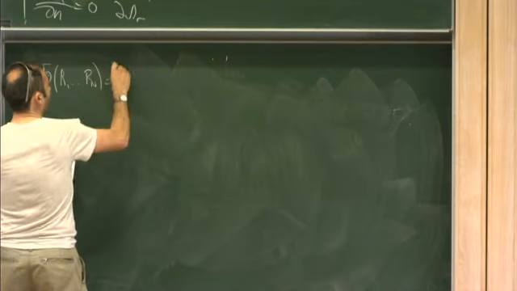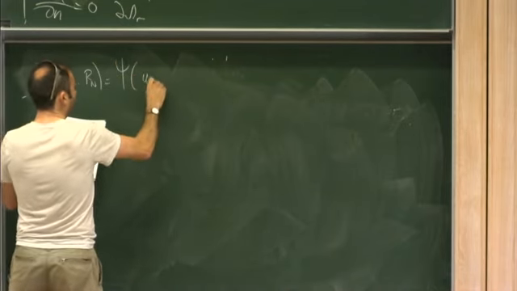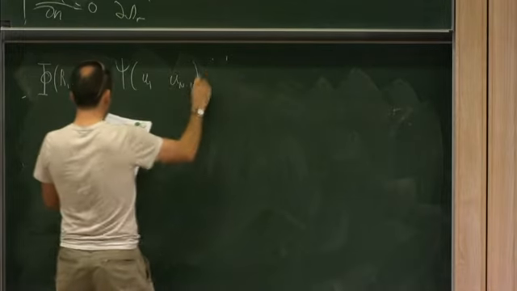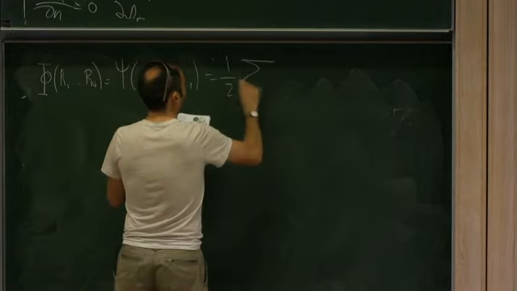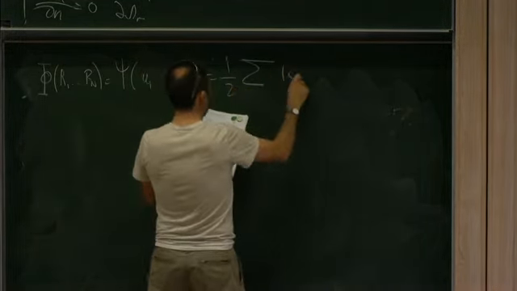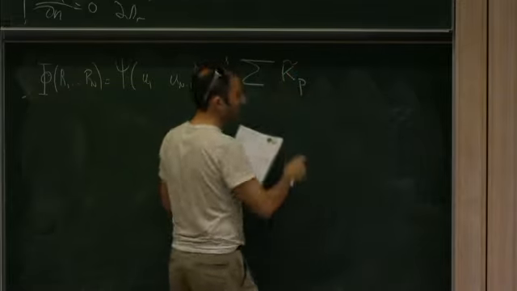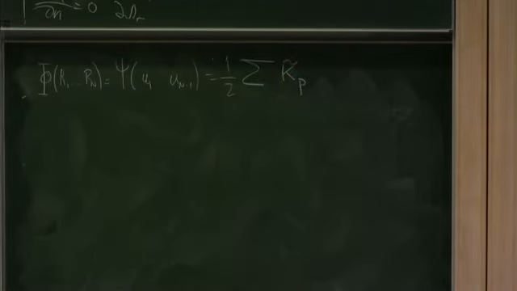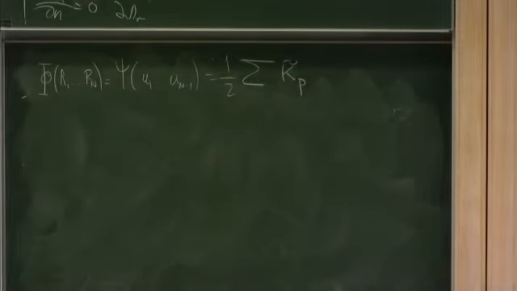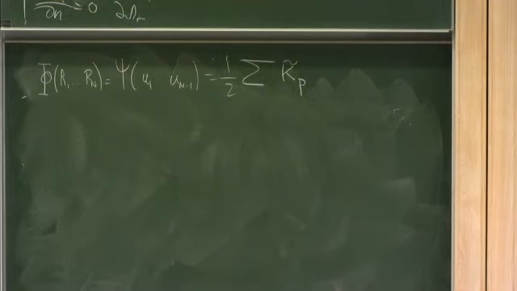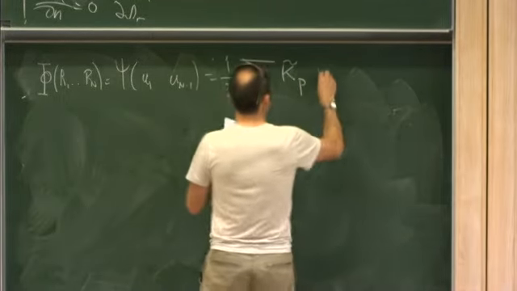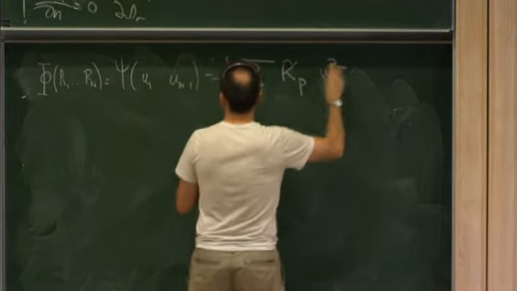It can also be written as the potential of U1 to U(n minus 1), and this is exactly one half of K tilde P, where K tilde P is K_p with 2 changed to beta, times U_p squared.